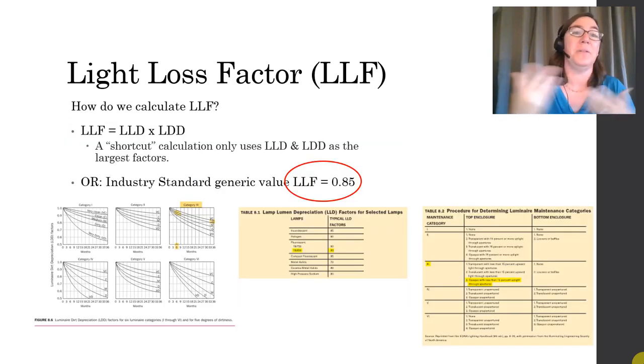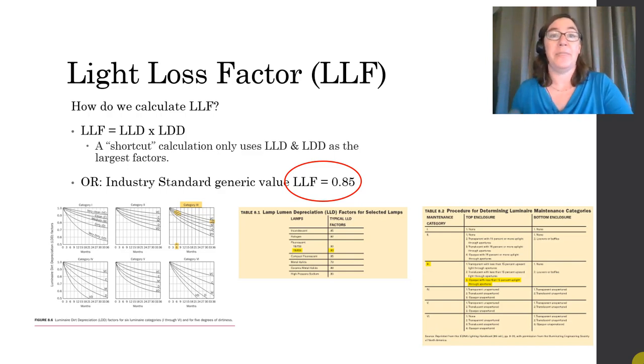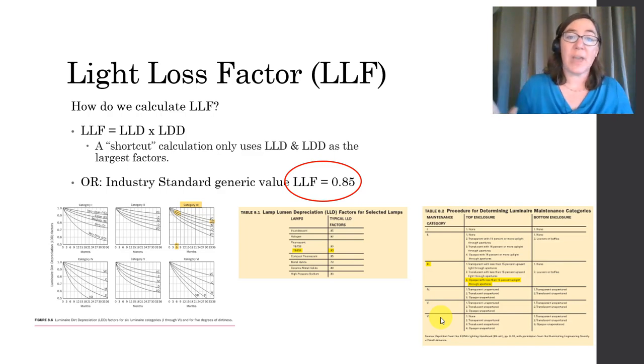You multiply those, you get the light loss factor. And that's the path that your textbook walks you through, and you'll see that in figure 8.6, table 8.1, 8.2. In general, you can also use an industry standard generic value of light loss factor 0.85.